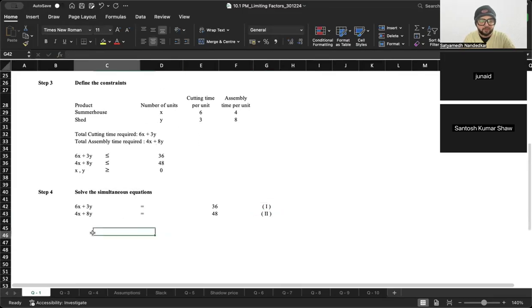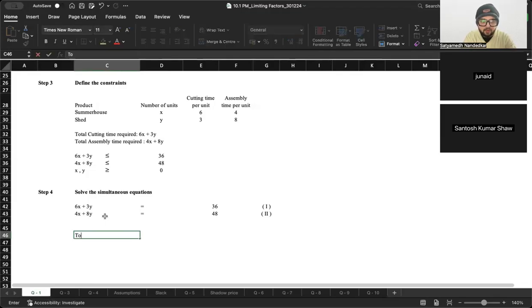Now let's solve. If we have to solve, we'll have to eliminate one of the variables. We can decide to either eliminate x or we can decide to eliminate y. I want to eliminate x. So to eliminate x, what should I do?